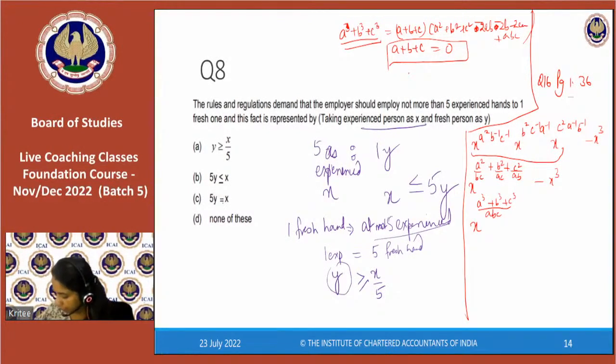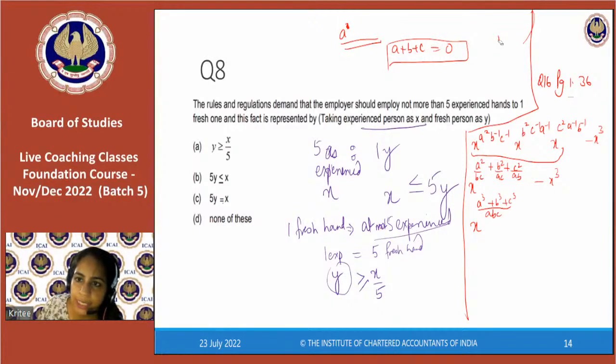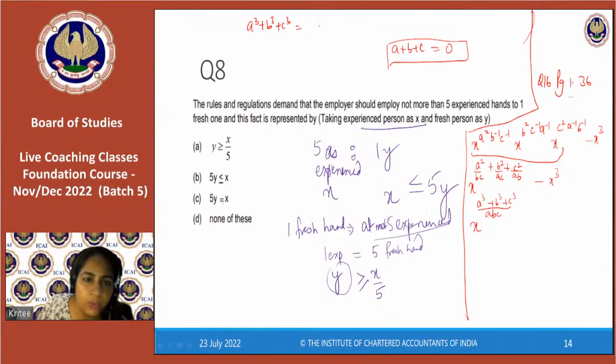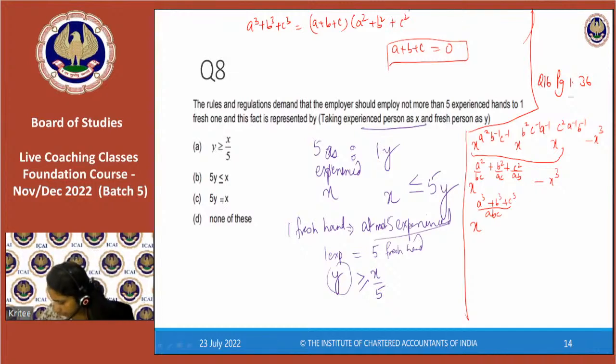Yes, it is correct, it is a square. I'll write it correctly so that even you can refer to it. This formula says a cube plus b cube plus c cube is equal to a plus b plus c into a square plus b square plus c square minus ab minus bc minus ca plus 3abc.